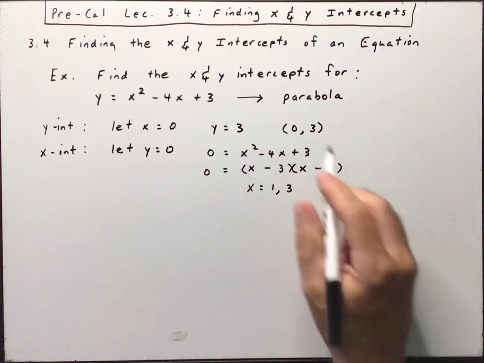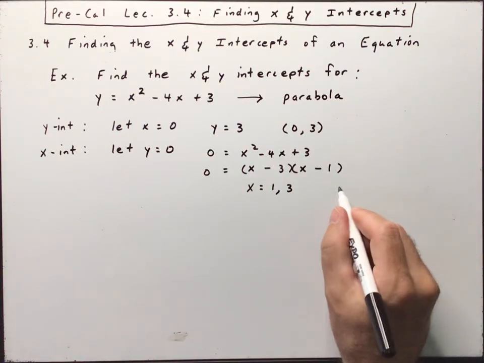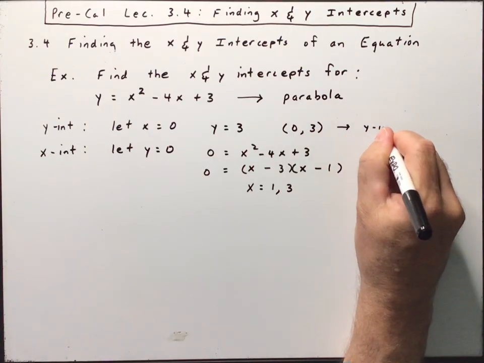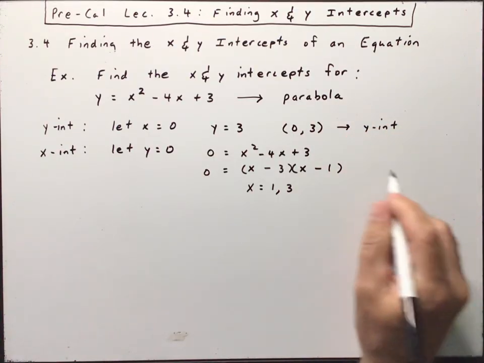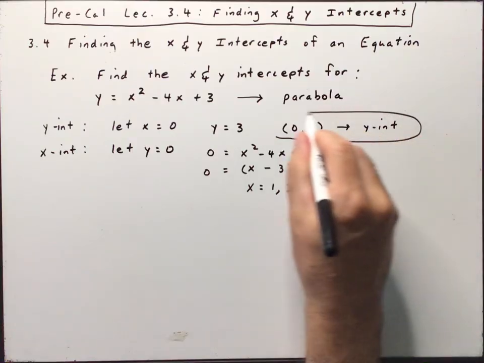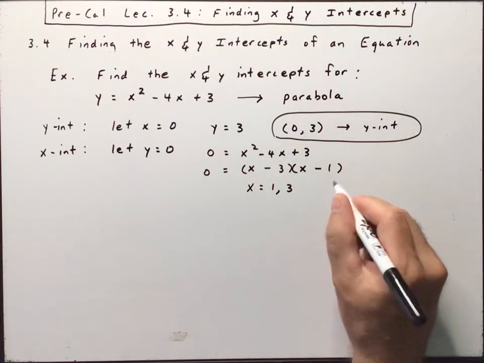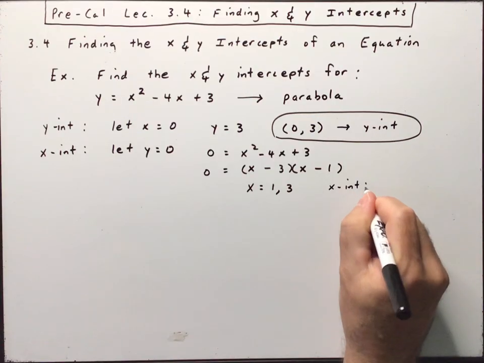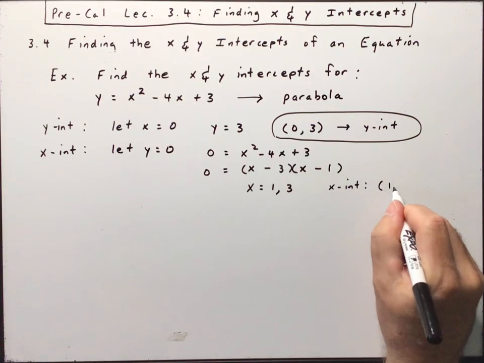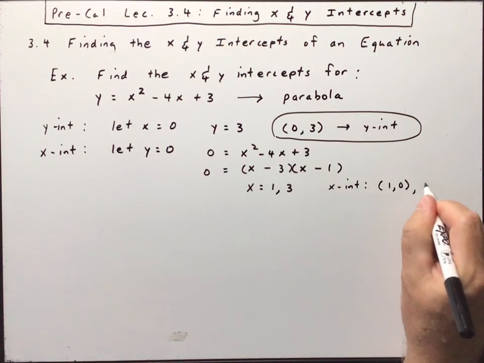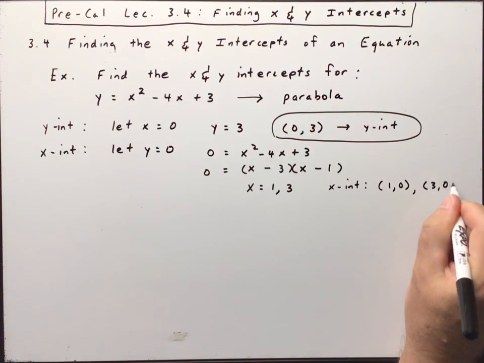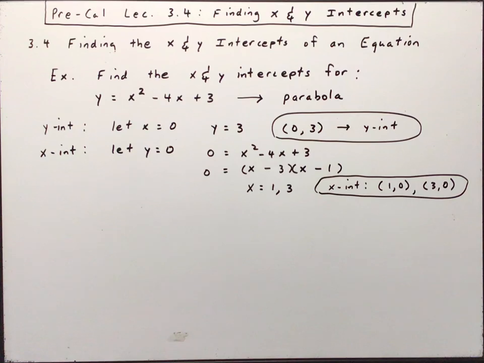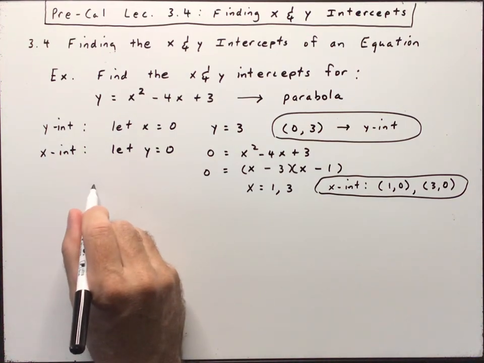So this is our y-intercept, and our x-intercepts would be at the following 2 points, 1, 0, and 3, 0. Now let's say I asked you to sketch the graph of this.